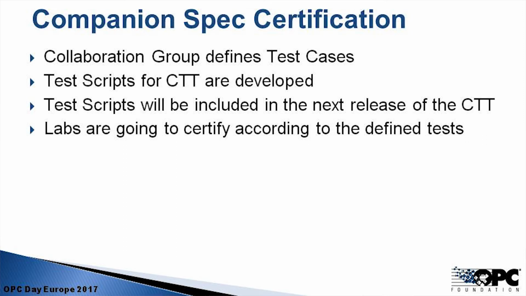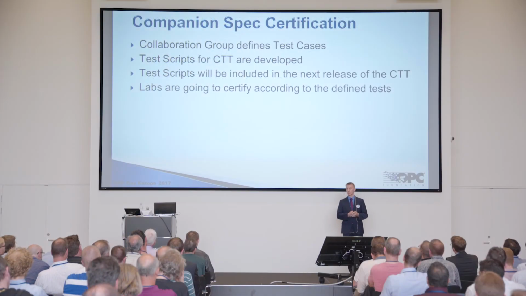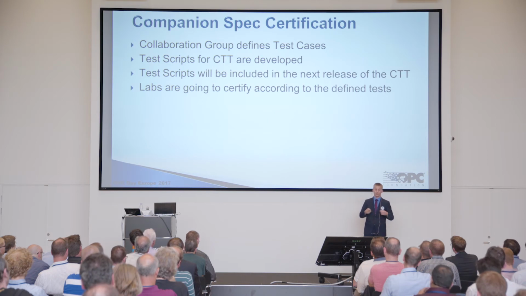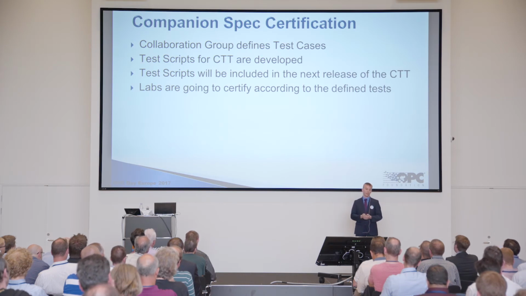With those test scripts being developed, they need to be tested against example implementations or prototypes. And if the collaboration group says that all of those test scripts are good and valid, they're going to be in the next CTT release. And then, finally, the labs are going to certify according to those test cases.